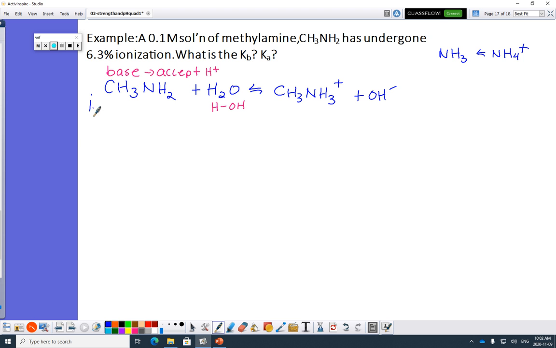So now we have our ICE table. It's very, very similar. If this question asked for the pH, whenever you have a base, there's always an extra step where you have to do 14 minus pOH to get pH. But this question wants us to calculate the Kb.